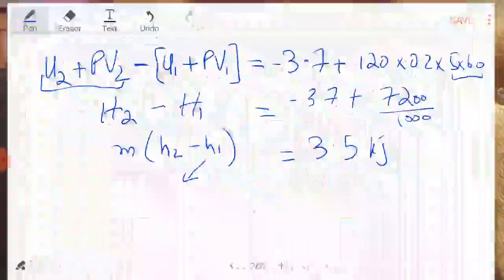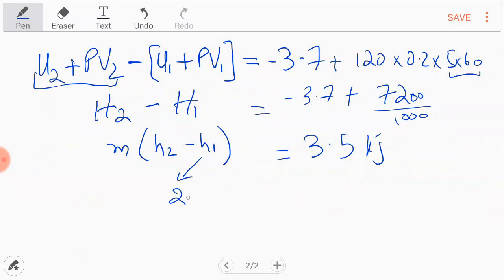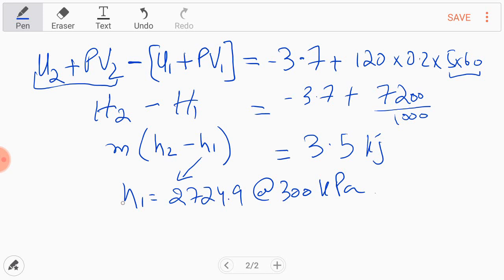We can write this over here, 2724.9 at 300 kilopascal, H1. In the paper you can write this in the middle of the solution like this, and also give the reference from the A5 table.